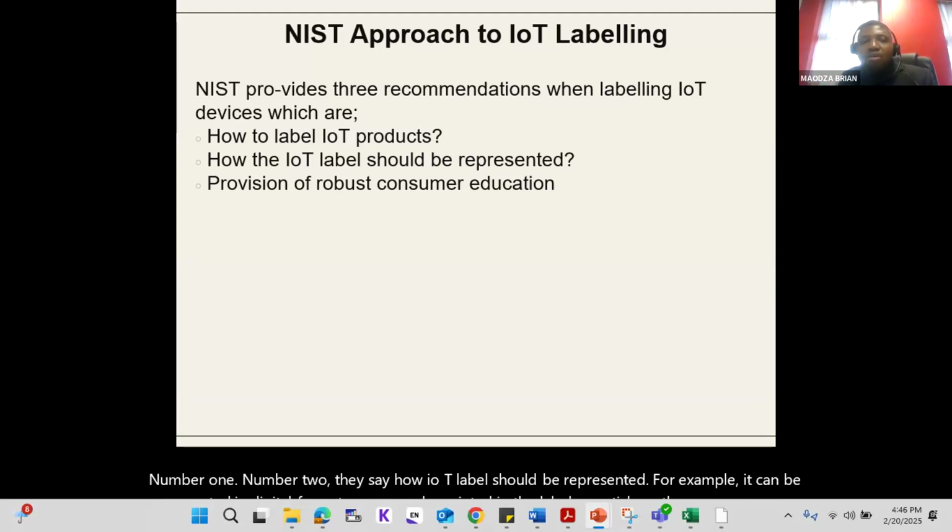Then NIST also provides a guideline that the label should provide robust consumer education. When they read the label, just like all the labels that we read when buying something, for example even flu medicine, you read the label to see maybe the expiry date, or those kinds of things.